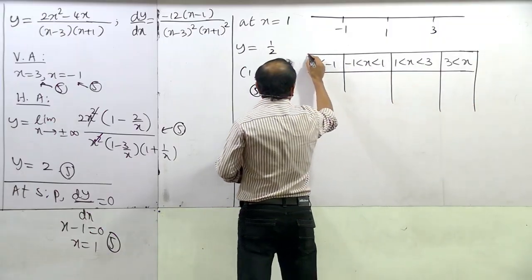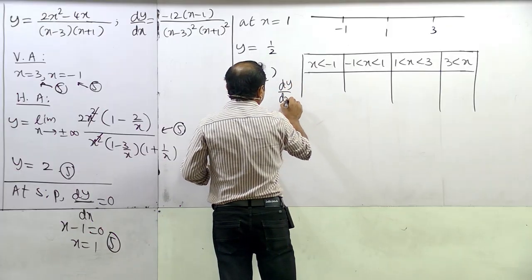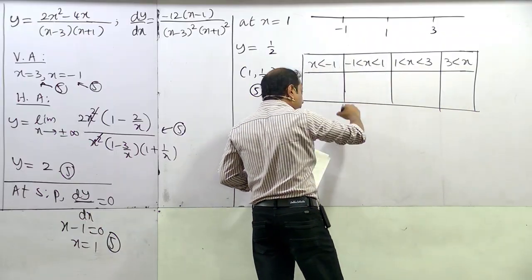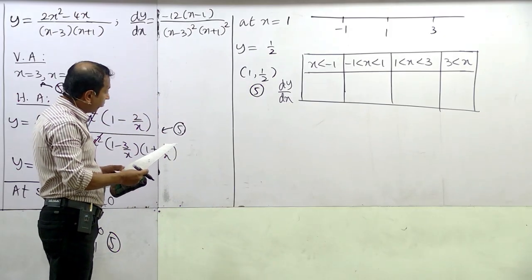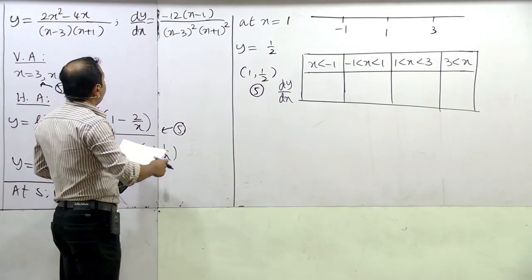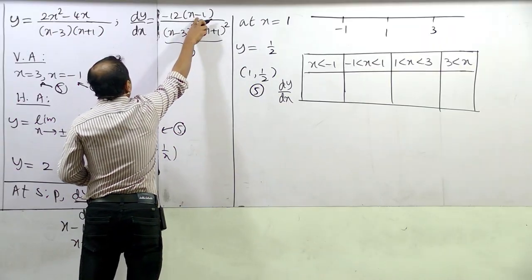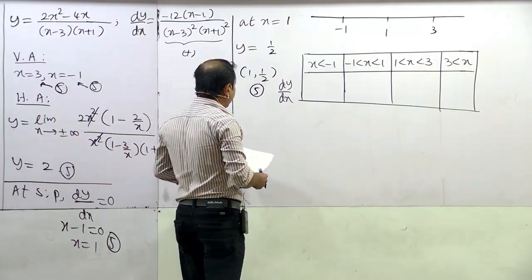Now we are supposed to find the dy by dx in each interval. Dy by dx is this. Its denominator is completely positive. Therefore, its sign is given by the numerator, x minus 1.